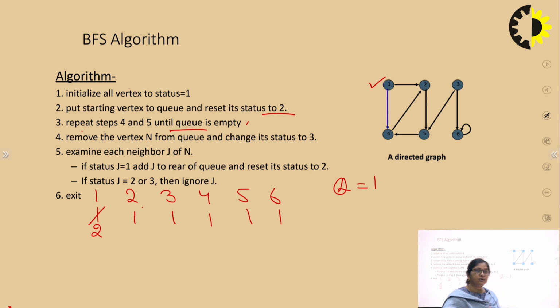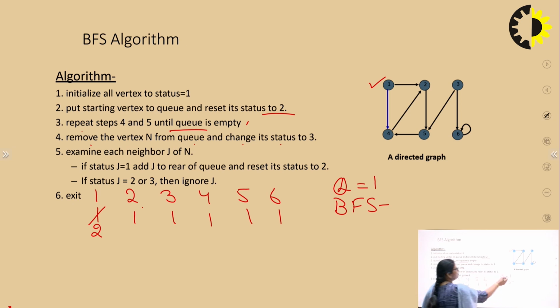In processing, what am I doing? I am displaying the value. So in Q, I am having 1. Now BFS is my displaying, processing. So I will delete one element from Q, remove the vertex n from Q and change its status to 3.